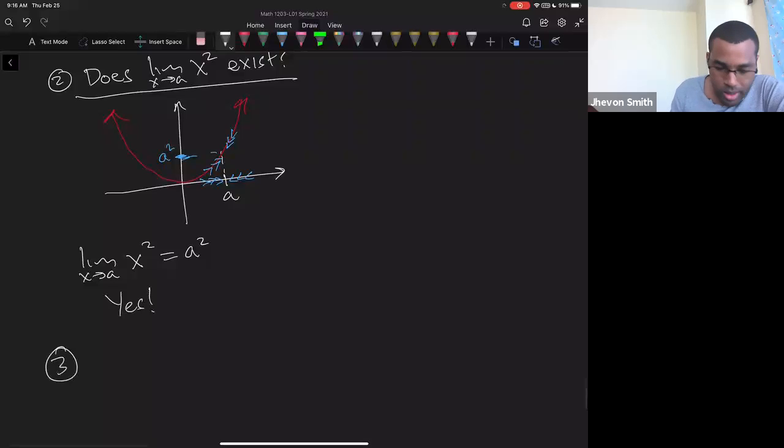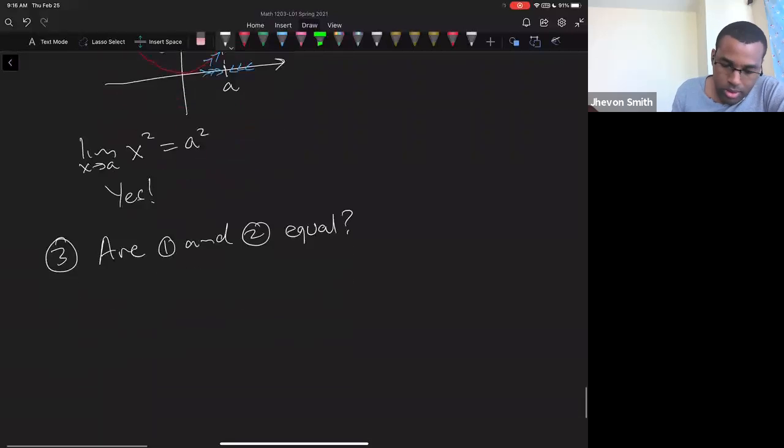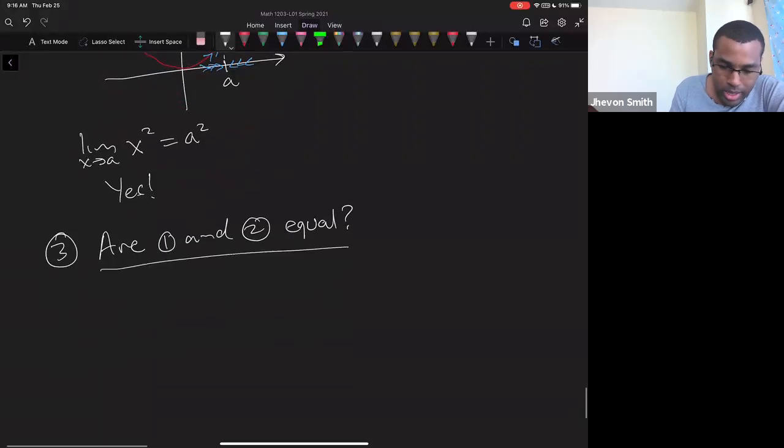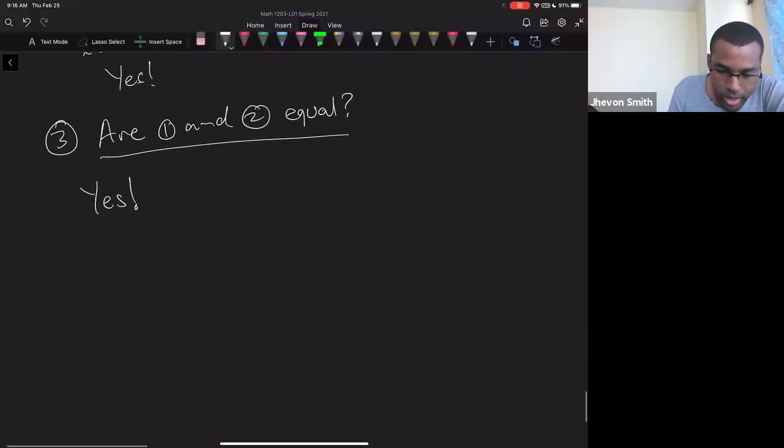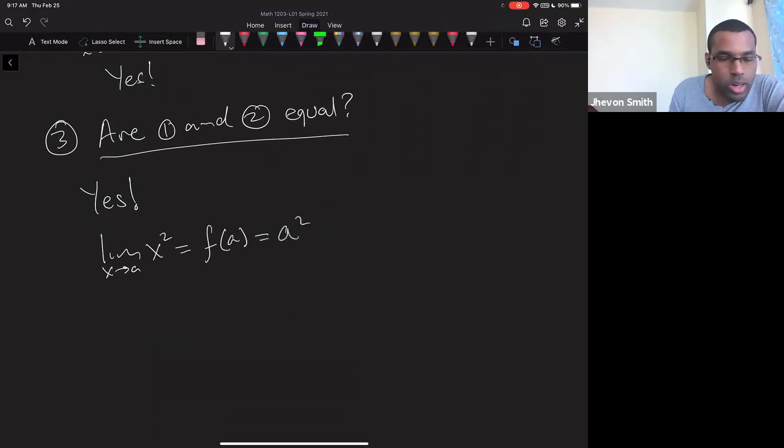Third, I ask, are 1 and 2 equal? And so I can say yes, right? Because they're clearly both A squared. The limit as x approaches A of x squared is equal to the value of the function at A, which is A squared.